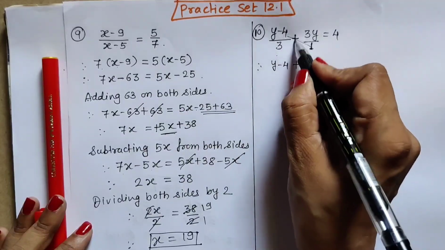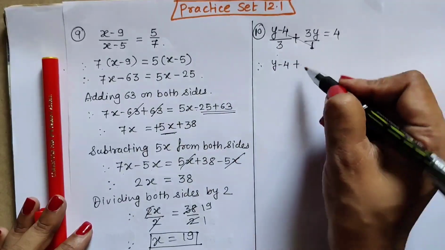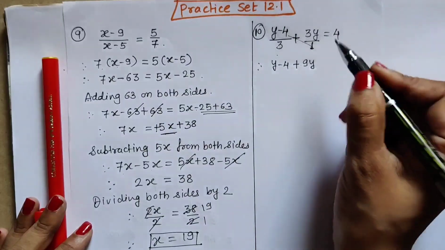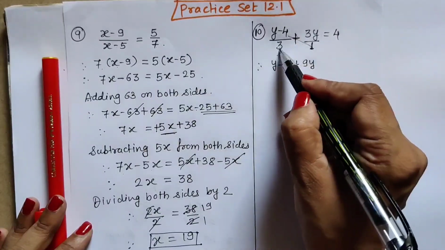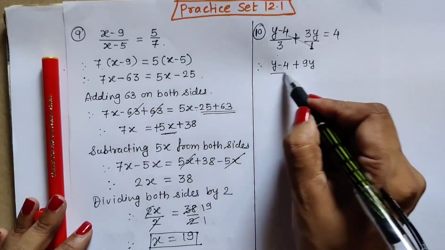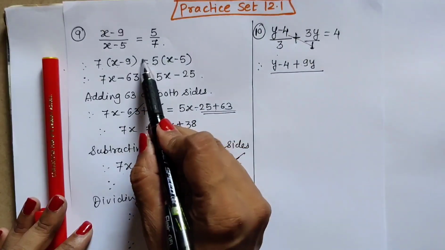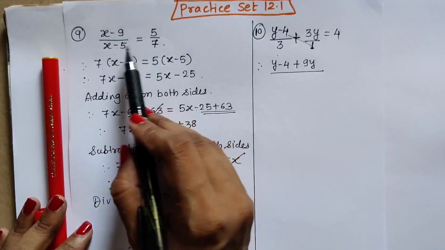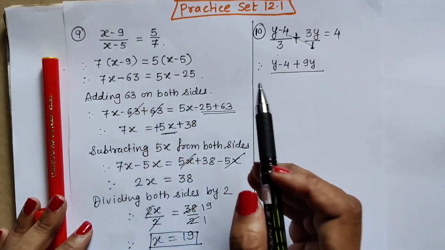Plus sign is there, put the plus sign. 3 into 3 by 3, 3 threes are 9, 9y. Now as plus sign is there, we have to multiply the denominators also. When the equal to sign is there, we don't multiply the denominators. Always keep this in mind.